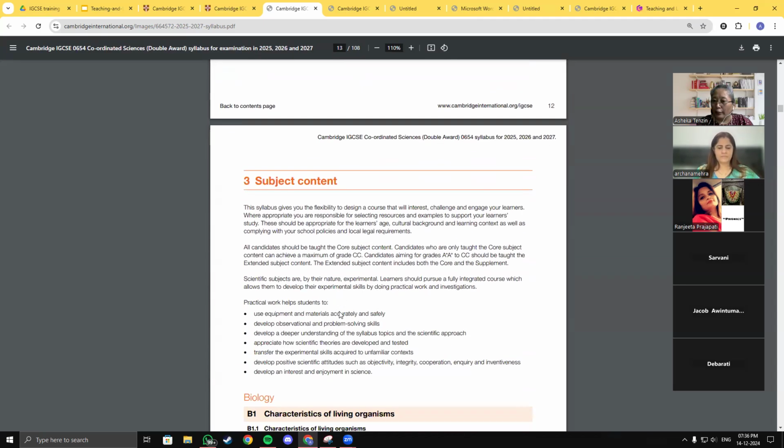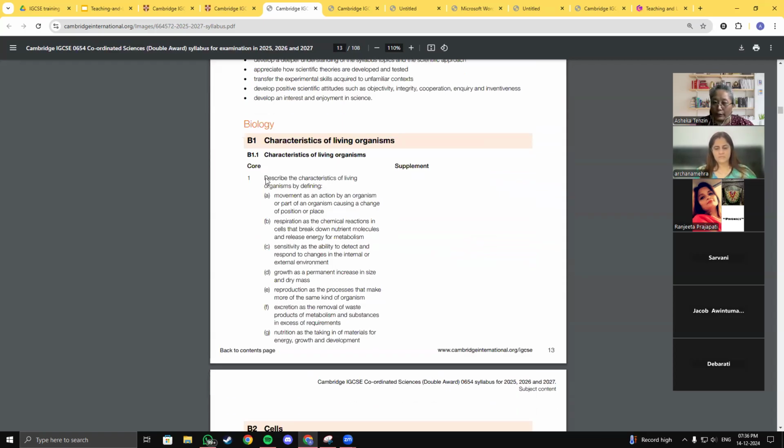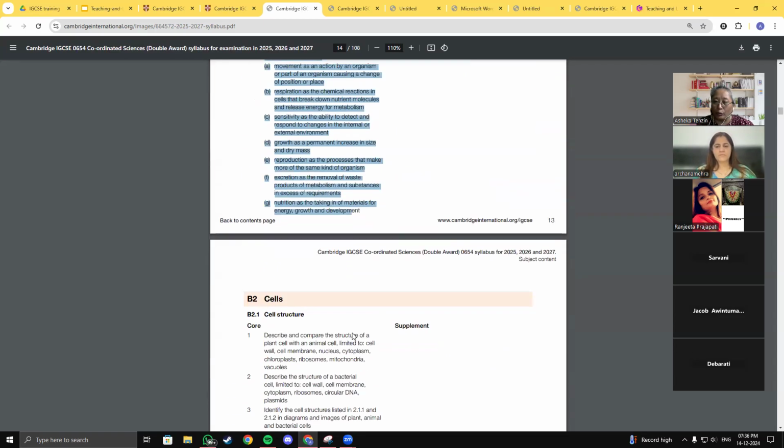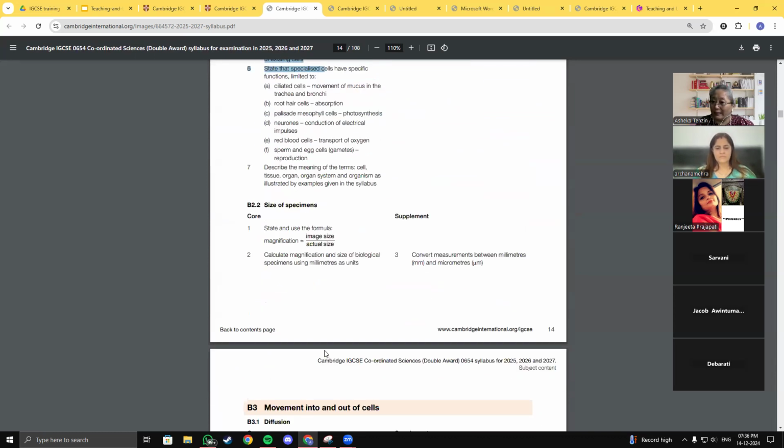And then if you look at the content, now I said core and extended. If I'm a core student, I will study only this part of the syllabus, the core part of the syllabus. But if I am an extended student, if I'm going to give paper 2 and paper 4, then I have to study this core and I have to study the supplement also.